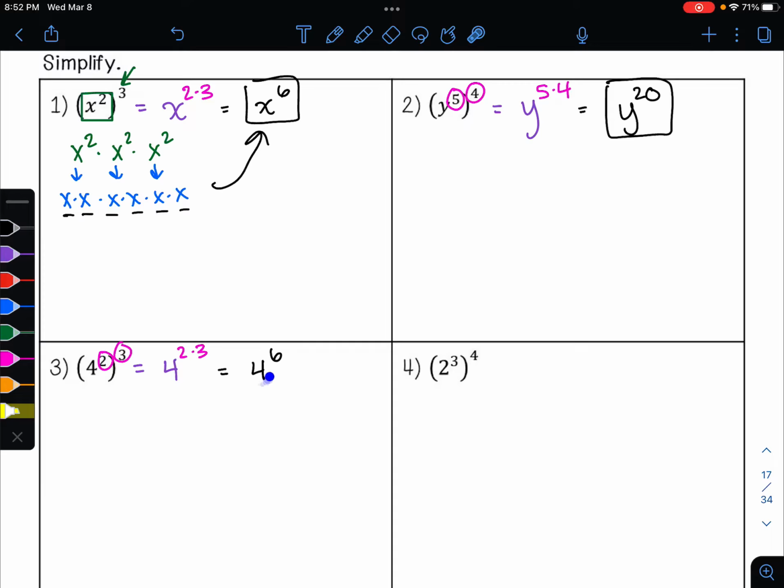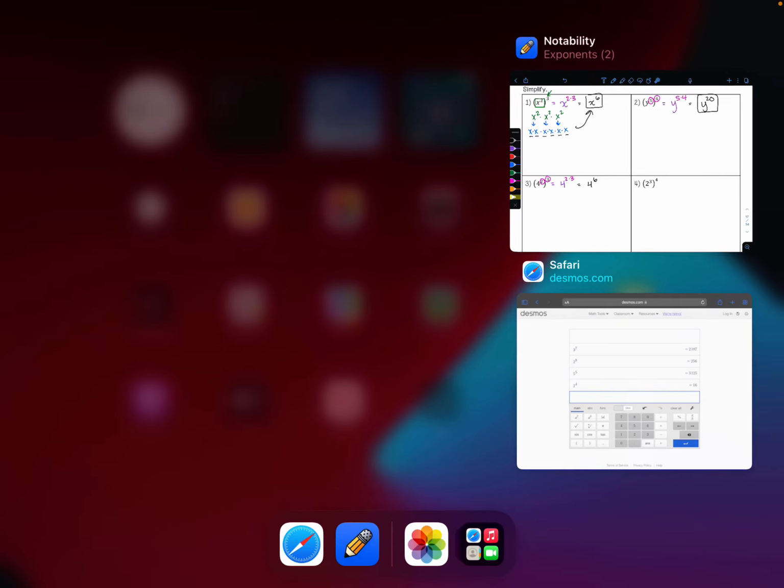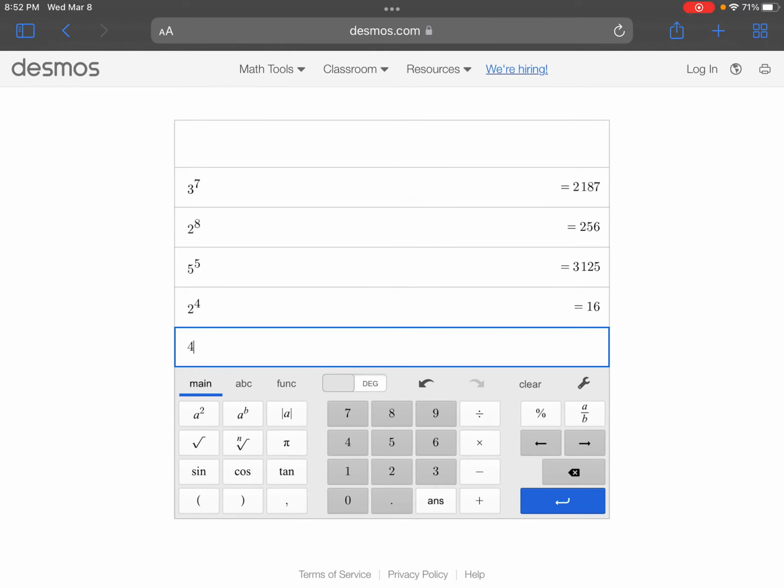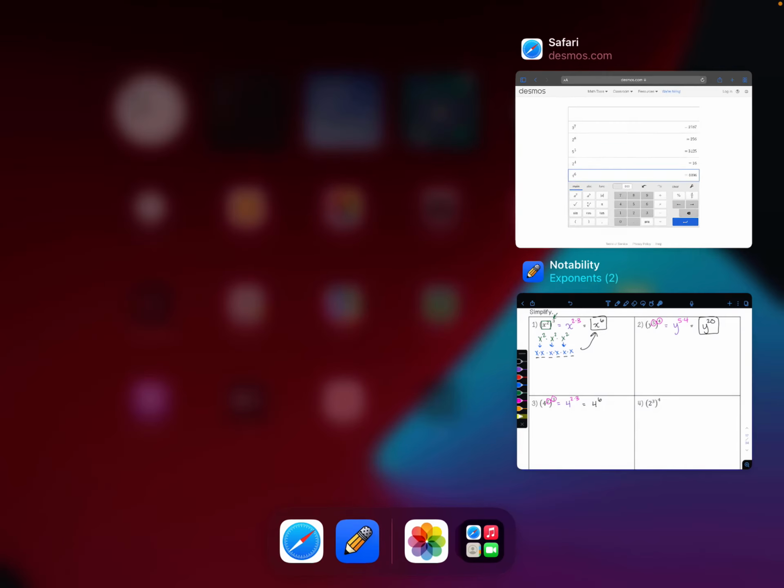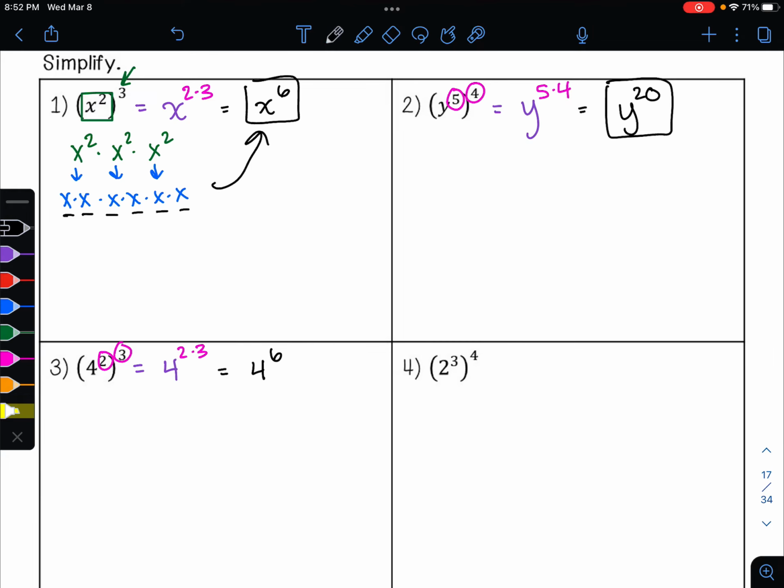Here, my base is a number. On these other examples, my bases were variables. Here, this base is a number, so I can evaluate that. 4 raised to the 6th power is 4,096. So my answer is 4,096.